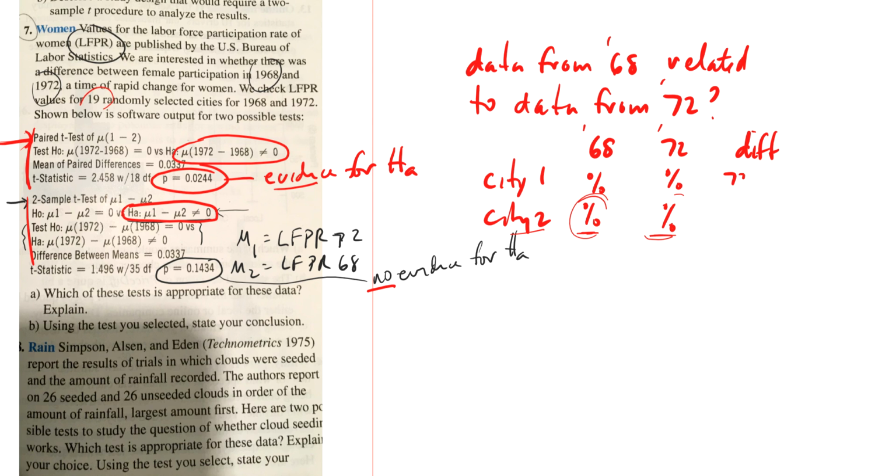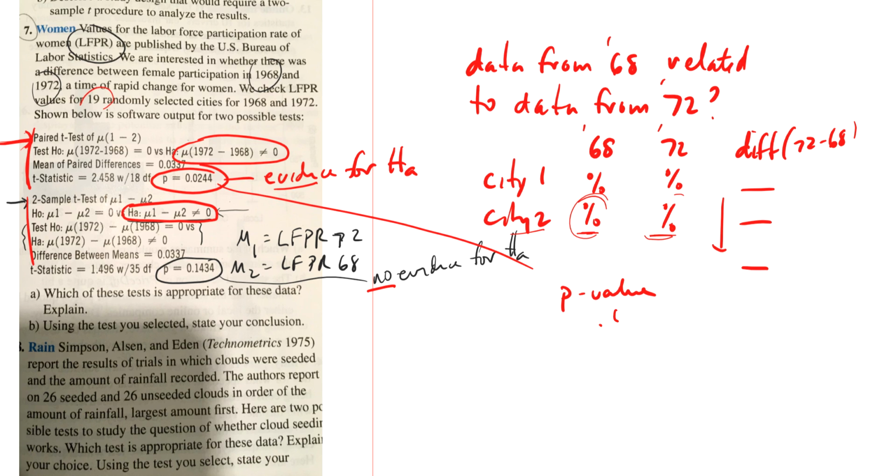Let's look at the 72 minus 68 data. If I look at those differences, I'm going to have one set of data to examine. And if I do that, the p-value was 0.0244, which is less than 5%, 0.05.